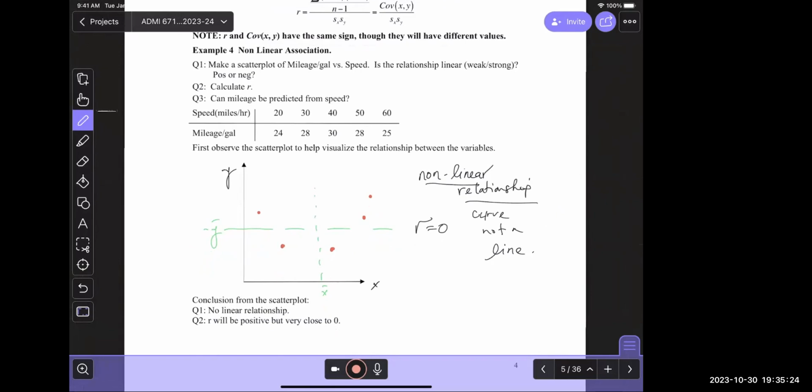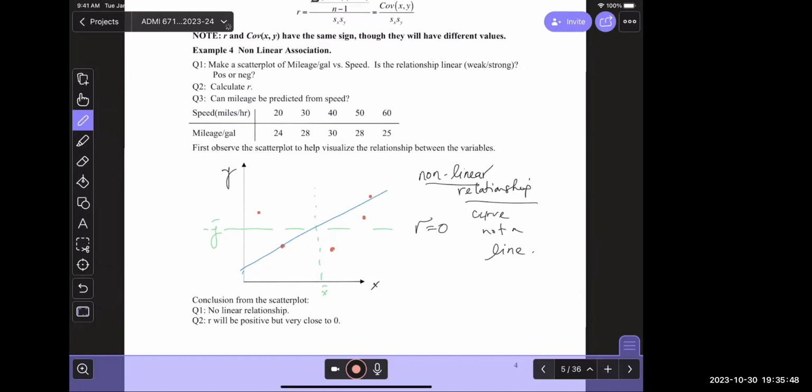If I tried to put a line through these, again, the line will try and fit closest to all the points. It'll go like something like that. But it will be 0. It's not a great line. It's not very representative, and you shouldn't use it for estimation.